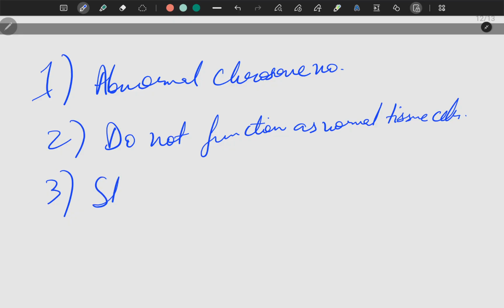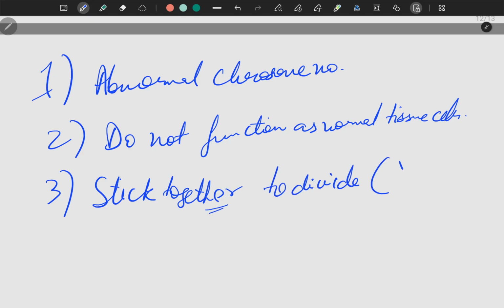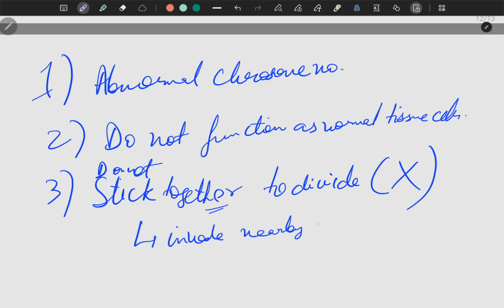They do not stick together or anchor to divide, which allows them to invade nearby tissues.